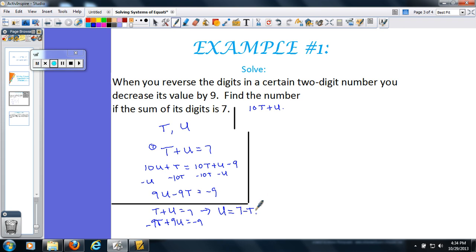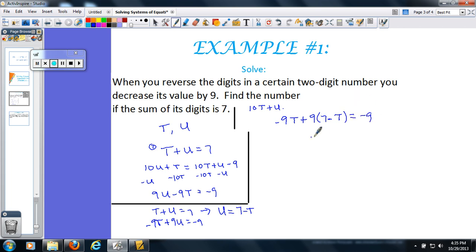Now I'm going to plug this in for u right here. So I get negative 9t plus 9 times 7 minus t, and this equals negative 9.